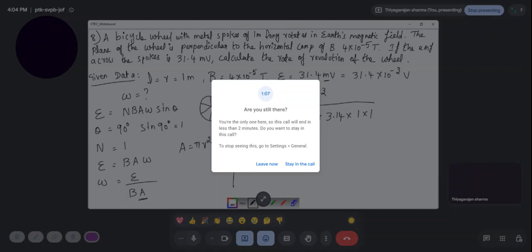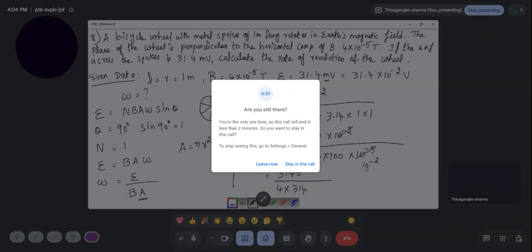So 31.4 into 100 into 10 to the power of minus 3, divided by 4 into 3.14 into 100 into 10 to the power of minus 5. So 10 power minus 3 and 10 power minus 5 get cancelled, and you will have 10 power 2 as balance. In the numerator you will have 3140 divided by 4 into 314.